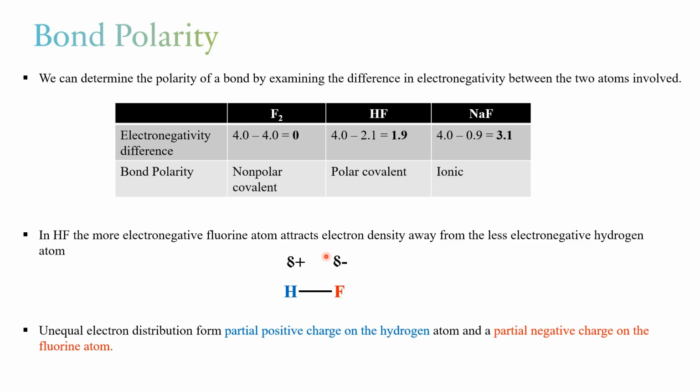The partial charges can be indicated by the delta sign. Delta minus next to fluorine and delta plus on hydrogen. This unequal distribution of partial positive charge on hydrogen and partial negative charge on the fluorine atom is what we call partial charge separation, or a polar bond between H and F.